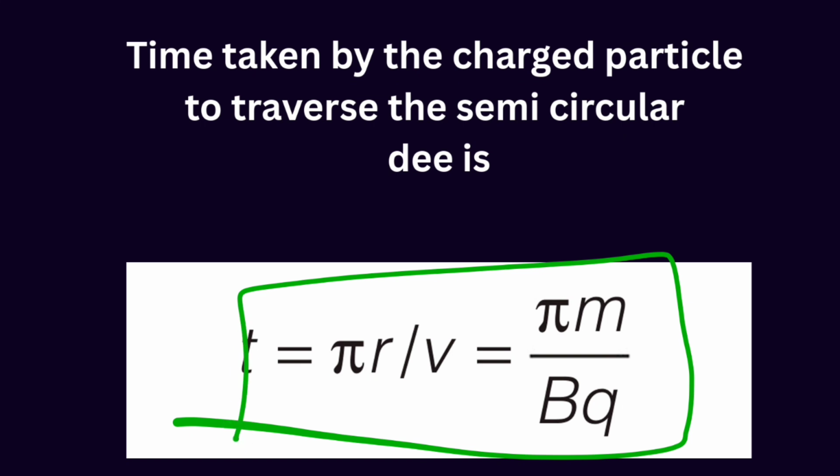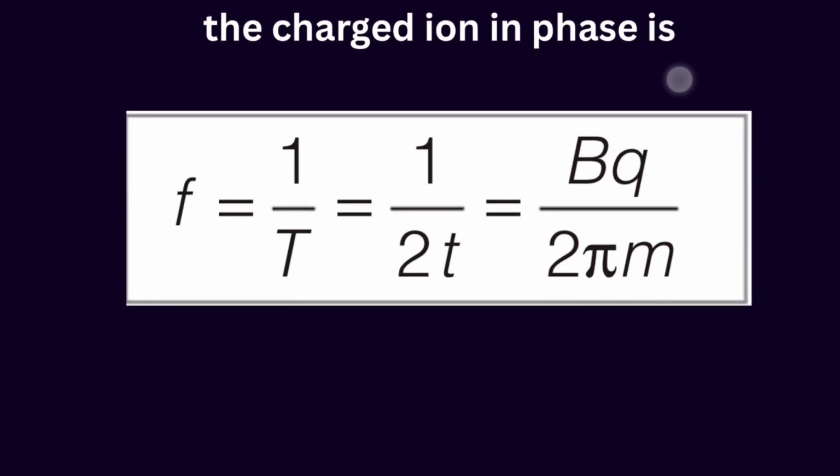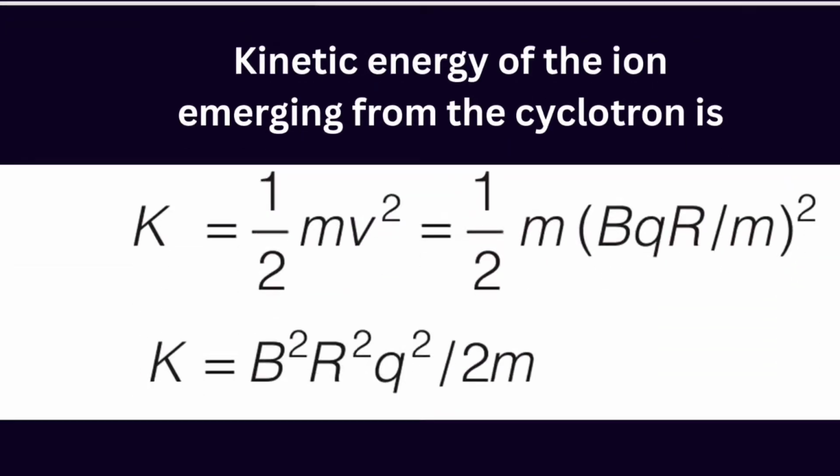To complete a full circular path, the time taken is 2t. So we get f equals B q by 2 pi m. This is the frequency of the oscillating charged particle. This frequency is also called the cyclotron frequency.